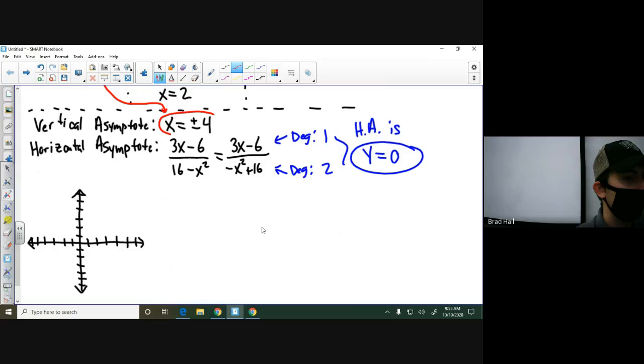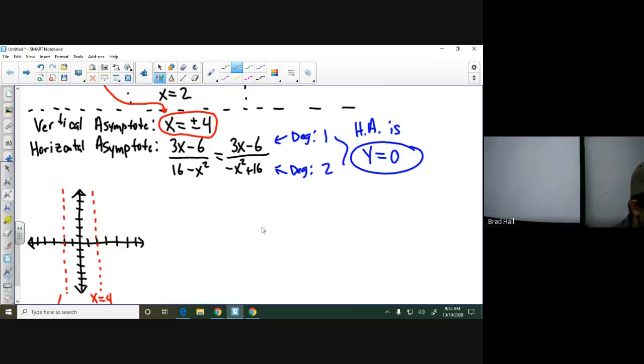We found 2 vertical asymptotes at +4 and -4. Since these go by increments of 2, they would go here and here. And the horizontal asymptote, it says that y is equal to 0, because we found it right here. So now we've plotted all of the various asymptotes. We have 3 of them.